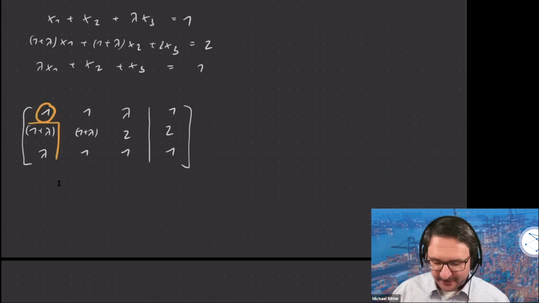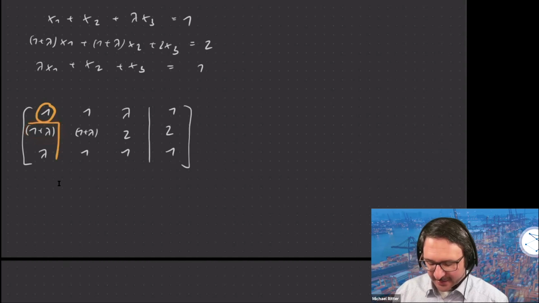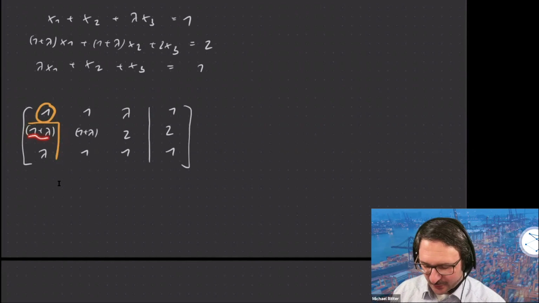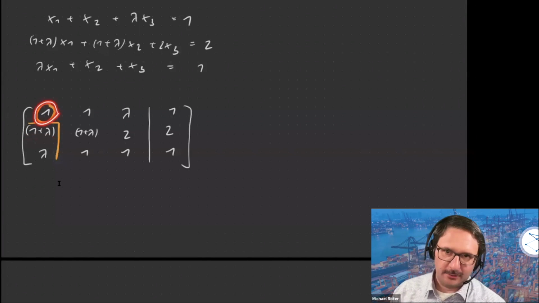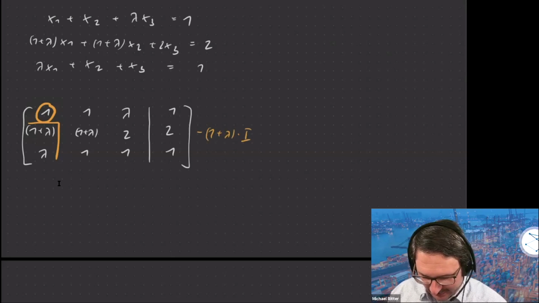So to get a 0 in that place, I have to subtract 1 plus lambda times the first row. So I'll do that, minus 1 plus lambda times the first row. And here I just subtract lambda times the first row.